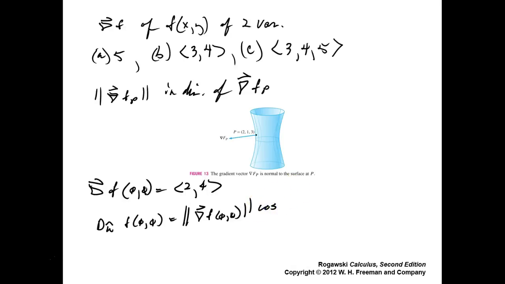And they told you this was 45 degrees. Cosine 45 degrees. All you have to do here is take the magnitude of this. What is the magnitude? It's the square root of what? Yes, 4 plus 16 is 20. Square root of 20. So that will be root 20 times, what's cosine of 45?